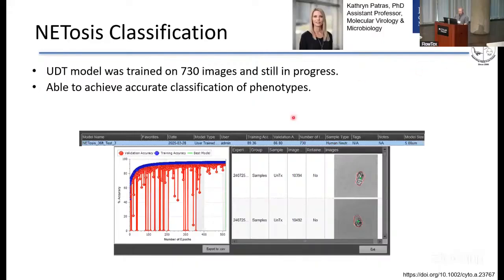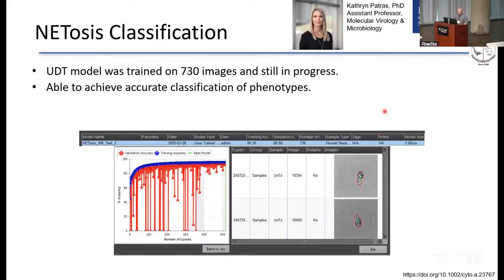So what we did, again, we trained a user-driven training model, and we used about 730 images, and we're still kind of in progress. You can see that there's been a lot of trial and error, right? Because we have a few of these morphological phenotypes that are very similar to each other. Types 1, 2, 5, and 6 are all kind of round, and they differ really by nuclear morphology, which is kind of difficult to identify by Brightfield.